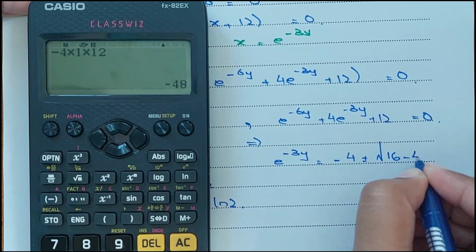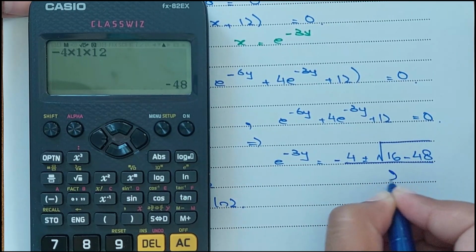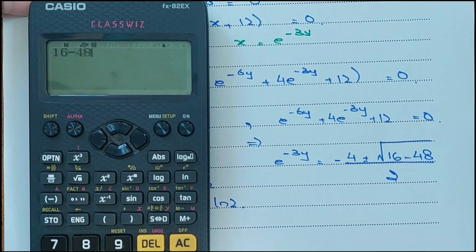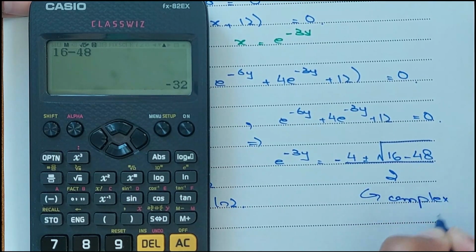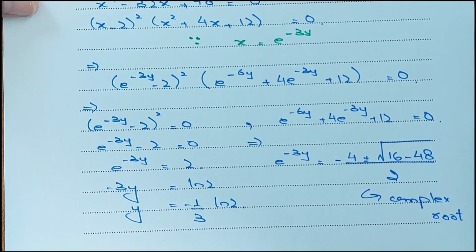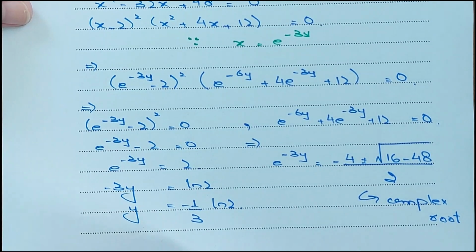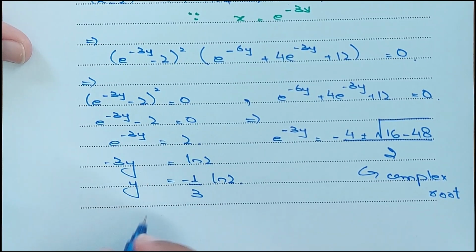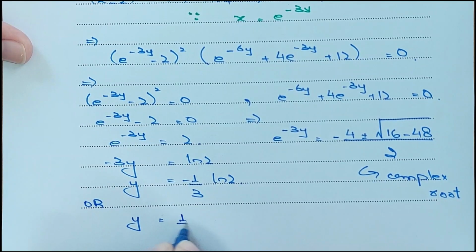This is negative 48, divided by 2. So 16 minus 48, you will get a complex root from here. So the only solution is y equals minus 1 by 3 ln 2. Or if you don't want the negative sign, y would equal 1 over 3 ln of 1 by 2.